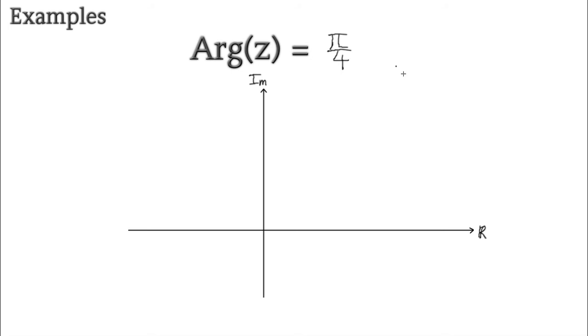Now for a line loci, it's normally just a radial line going from the origin, so it would normally be defined as just the argument.